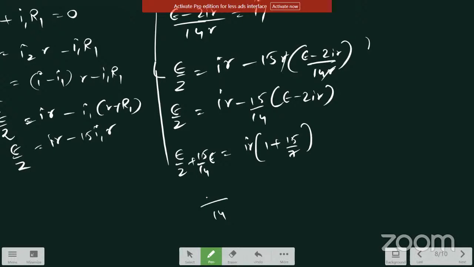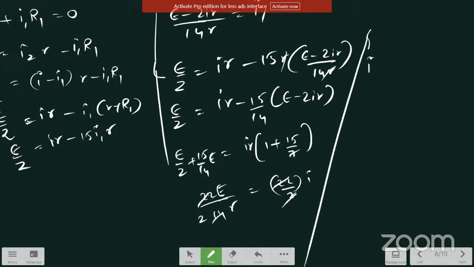Here 14, here 7E plus 15E, 22E, is equal to R brought down, and here 7 plus 15, 22 by 7, I into R. So 22 cancels 7 two times. R is taken that side. So I have finally got I is equal to E by 2R. Finally I got the I value.